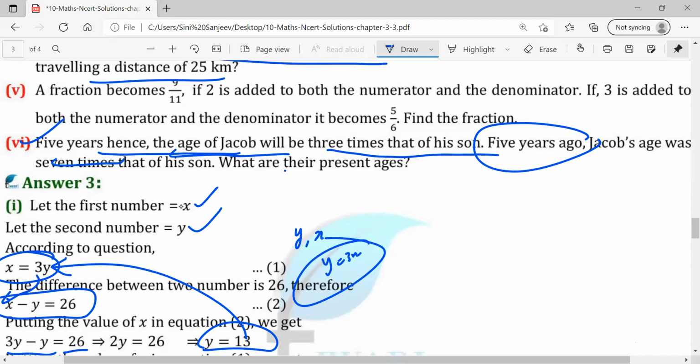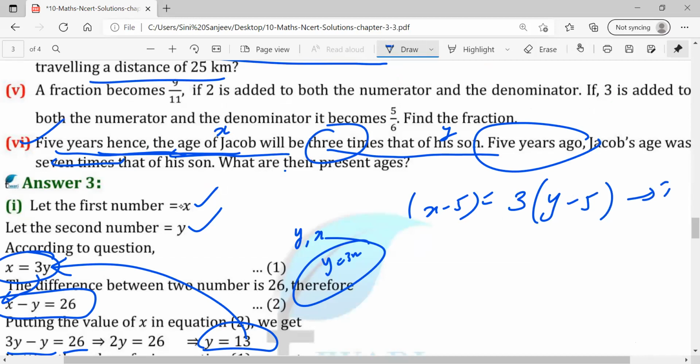So 5 years hence means after 5 years, and 5 years ago means before 5 years. If I write it in a nutshell, the age of Jacob, which I don't know, I put X. Son's age, I'll put Y. So 5 years hence, that is X plus 5, will be 3 times Y plus 5.